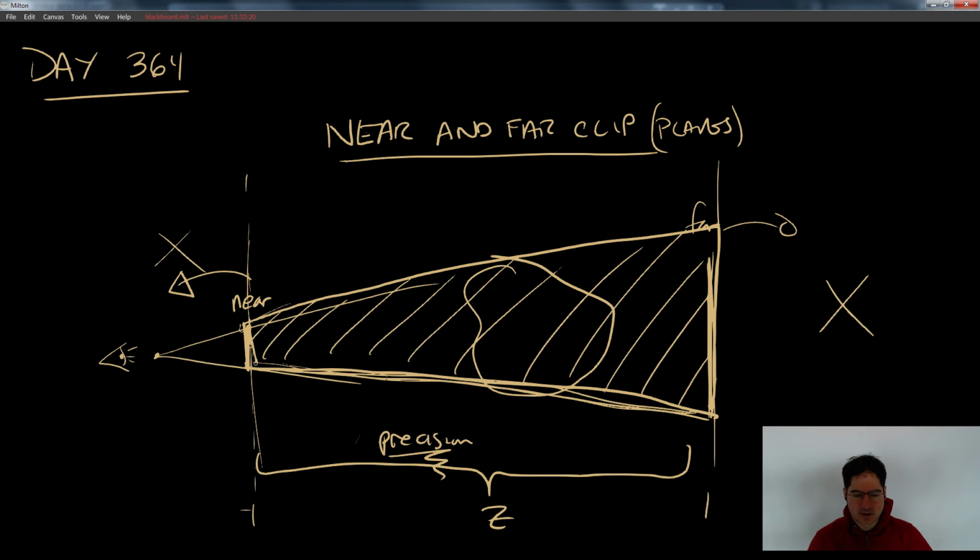However we map this space, the Z buffer has only the same amount of precision. No matter how big I make this, it has to still cover the entire range with the same quantities in Z, so it can't just arbitrarily invent more precision. If I make the volume bigger, I'm losing precision throughout this volume. Whereas if I make the volume smaller, I get more precise, because I have more distinct Z values per unit of Z, per distance in the world, basically.